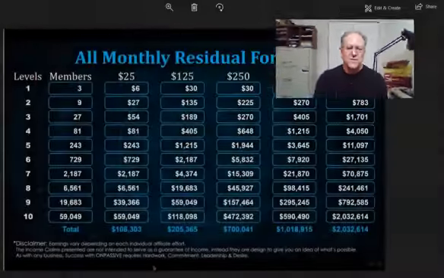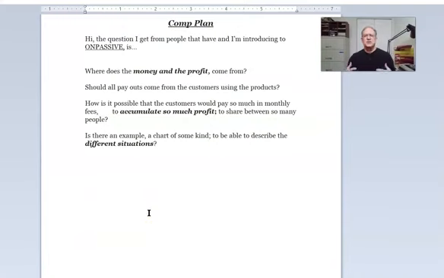As we look at the different questions, the money and the profit, I hope that's a good enough explanation of where the money's coming from, where the profit's coming from. We are all customers as we come into Onpassive. The accumulation of profits, it is there. It's the way it's been structured.